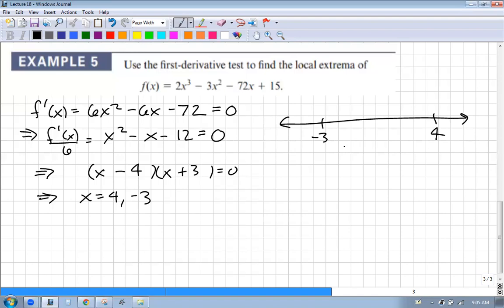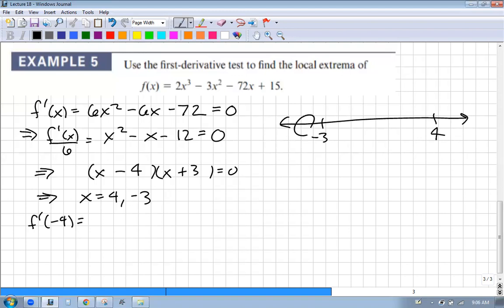This is where the first derivative is 0. So we want to see whether it's positive or negative in these intervals. We just pick a test point. Let's look at f prime of minus 4.